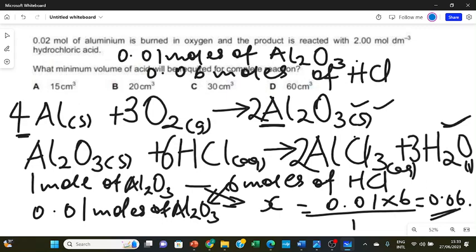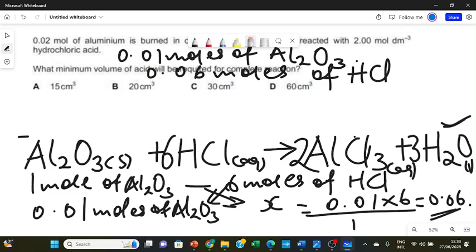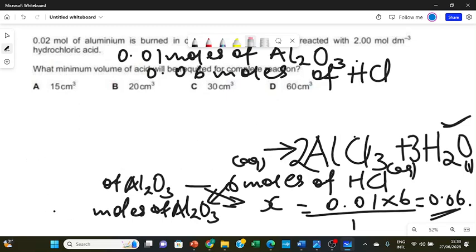Now, they ask what minimum volume of acid will be required for complete reaction. So the number of moles of hydrochloric acid that 0.01 moles of aluminum oxide will react with, which is equivalent to 0.02 mole of aluminum, is 0.06 moles. So let me erase this so that we can now calculate the volume.